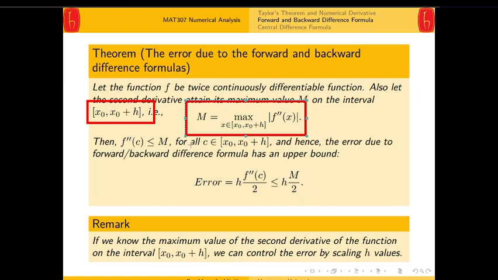So for all c in this interval, it will be less than or equal to M.